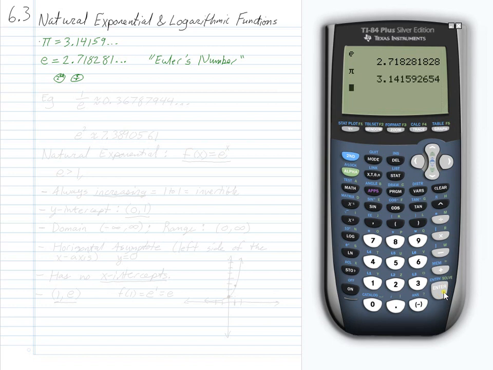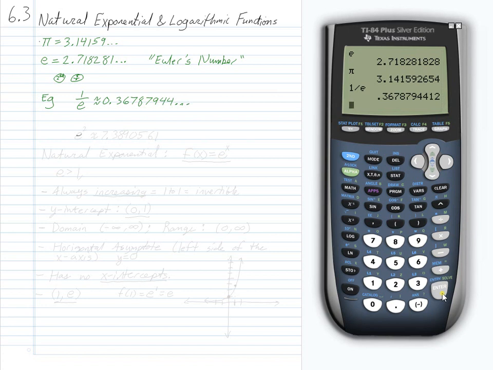So let's take a moment and figure out what is 1 over this number, e. Well, if I type 1 over that number into my calculator, I arrive at approximately 0.36787944, and so on.